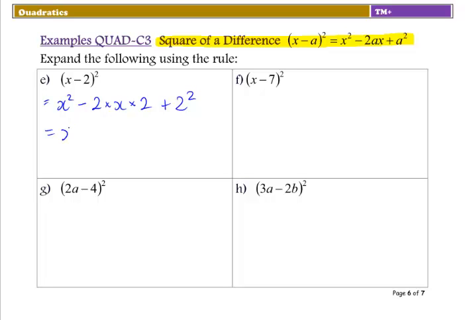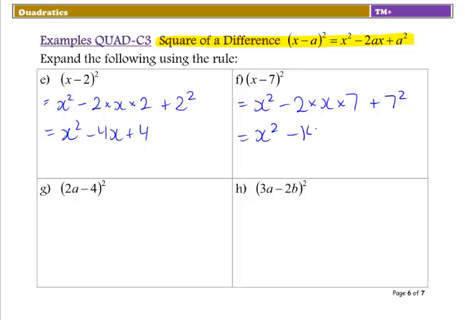Okay, so I have x squared, negative 2 times 2 is negative 4x, then plus 4. Okay, next one, first term all squared, minus 2 lots of multiplying my other two terms, then plus my last term squared. So x squared minus 2 times 7 is 14x, plus 7 sevens are 49.